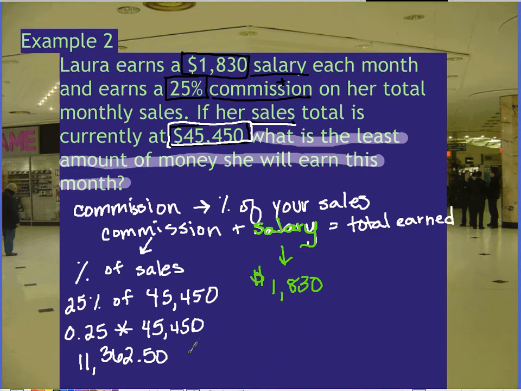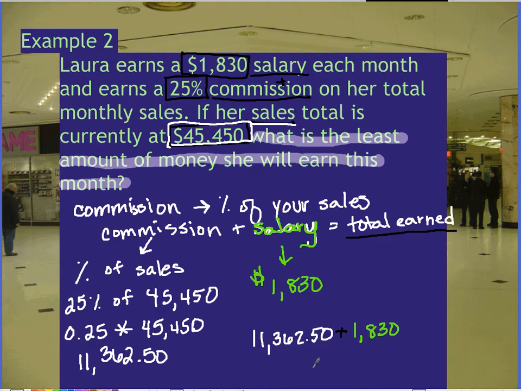So I have to take my commission, which is $11,362.50, and I'm adding that to my salary, not to my sales. I add it to my salary, which is $1,830, and that is going to give me my total earned.